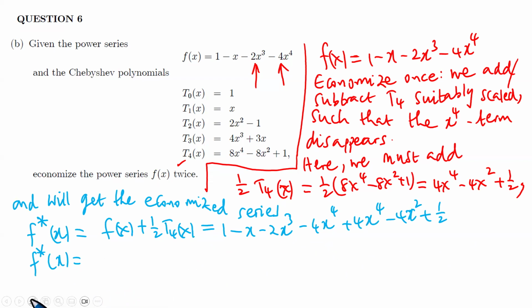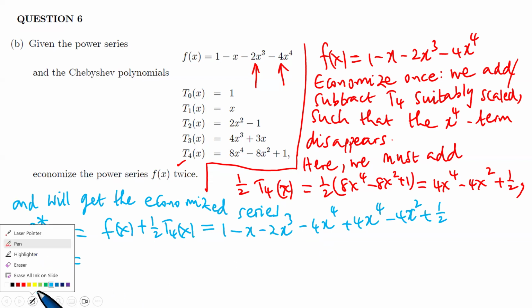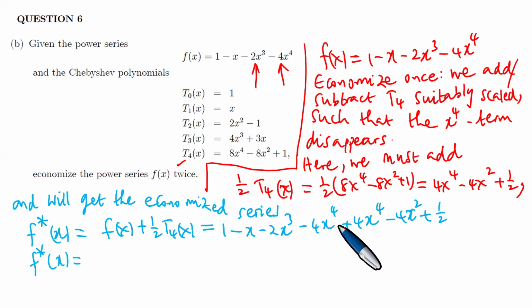Let us look at what we're getting the f star to be. This cancels. These actually cancel exactly, giving us minus 2x cubed.